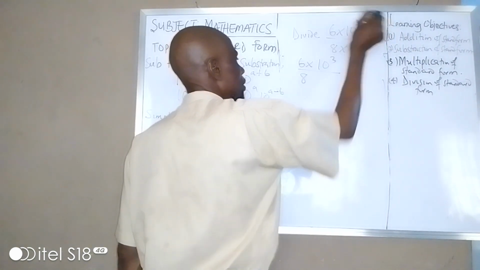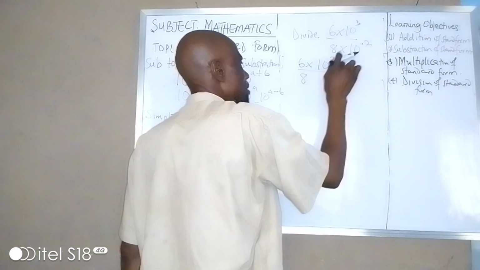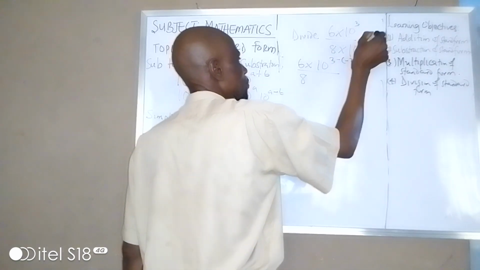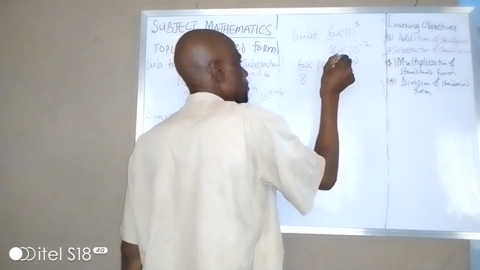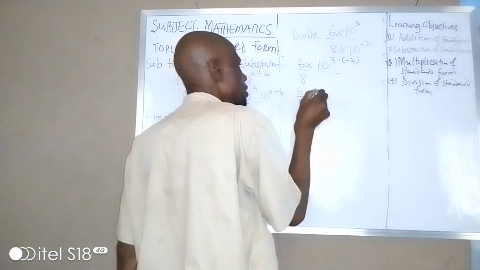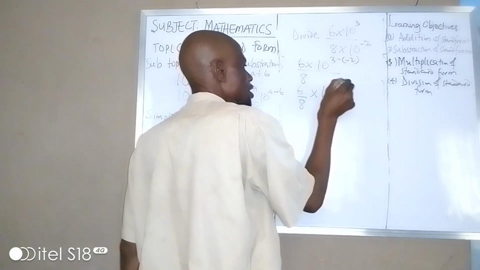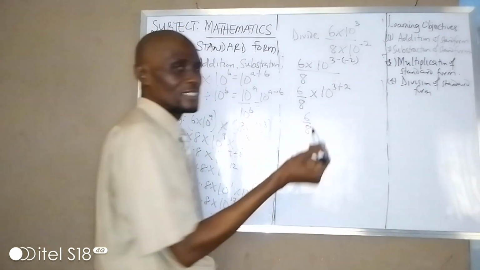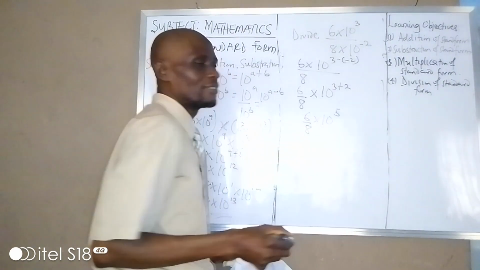Minus times minus is plus, so you now have 6 over 8 times 10 to the power 5.